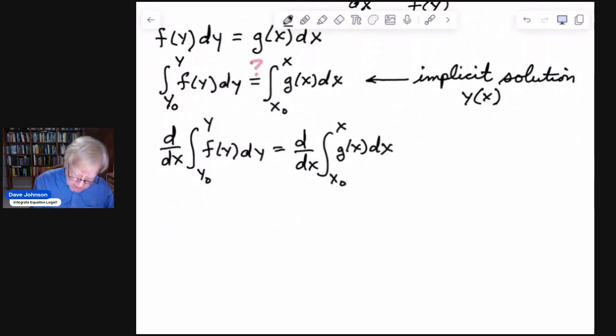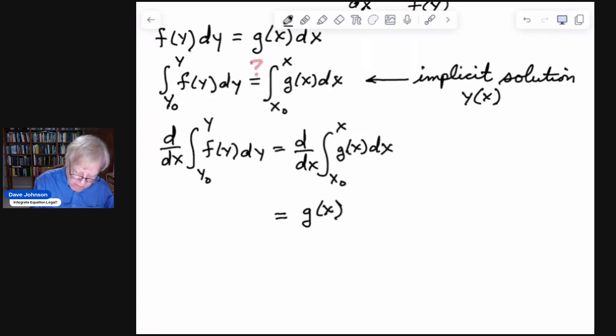Now we're going to use the fundamental theorem of calculus. Let's do the right side first because it's a little easier. Since we're differentiating with respect to x, and x is our upper limit, and this is a constant, we can immediately write down that the answer is g of x with x substituted, so that's still g of x. So we get g of x on the right side.